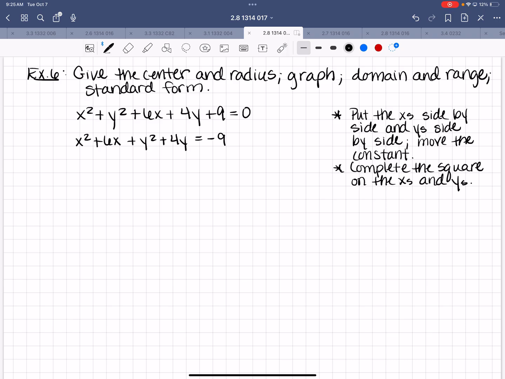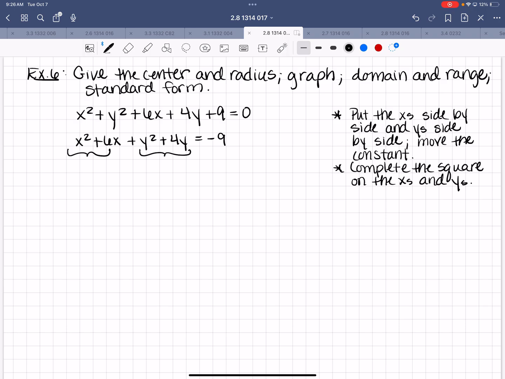So I'm going to take this x squared plus 6x and complete the square, and then take y squared plus 4y and complete the square. If you'll remember, we did completing the square back in 1-5, I think it was 1-5, 1-6.